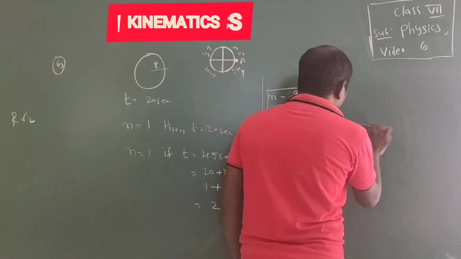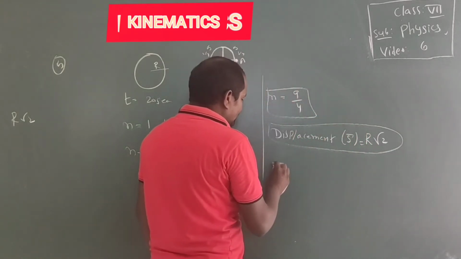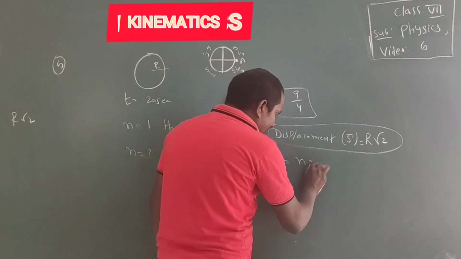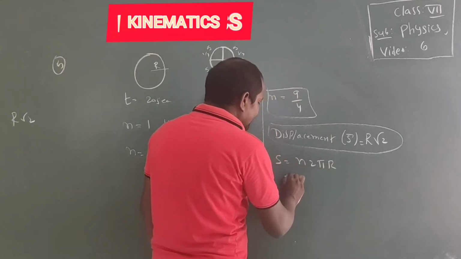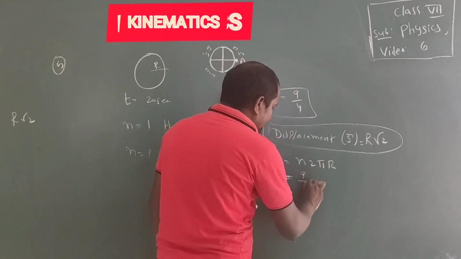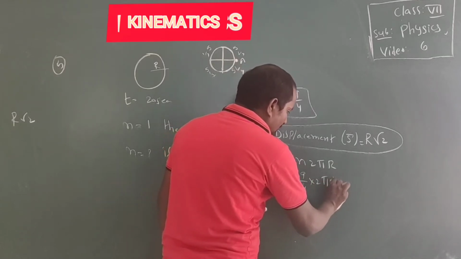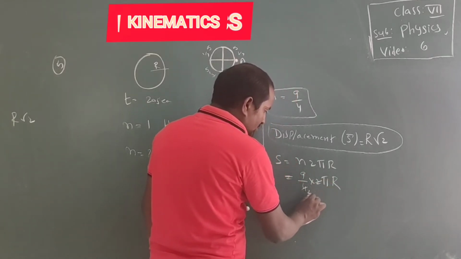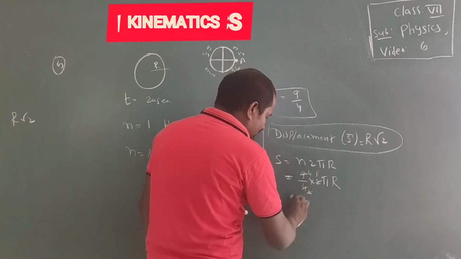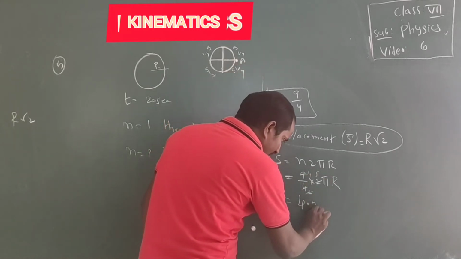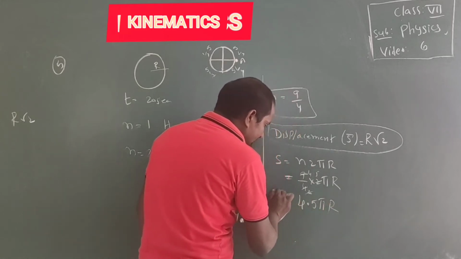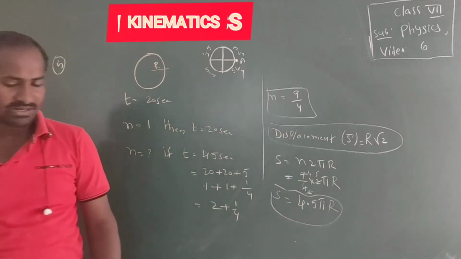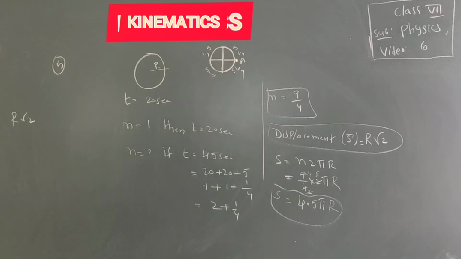It is a formula. If n equals 9 by 4, then distance S equals n into 2 pi r, so 9 by 4 into 2 into pi r. That gives 4.5 into pi r. It is the distance. Displacement equals r into root 2. Okay. Next one.